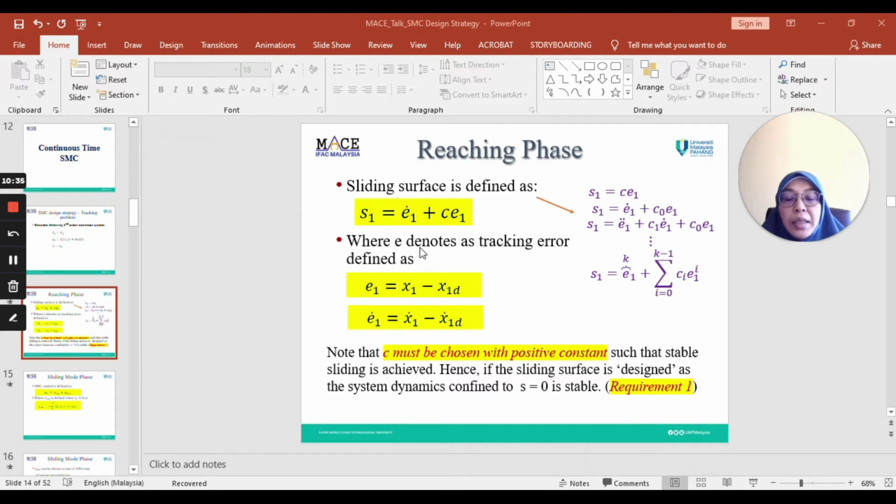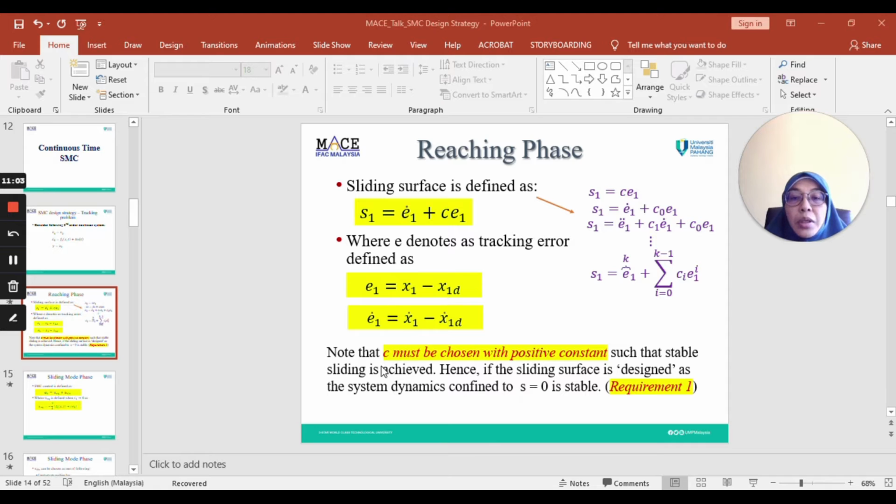Since this design is for a tracking problem, for the tracking error we define E as the actual state minus the desired state, or set point. We can define this either as desired minus actual or actual minus desired, so it doesn't matter.